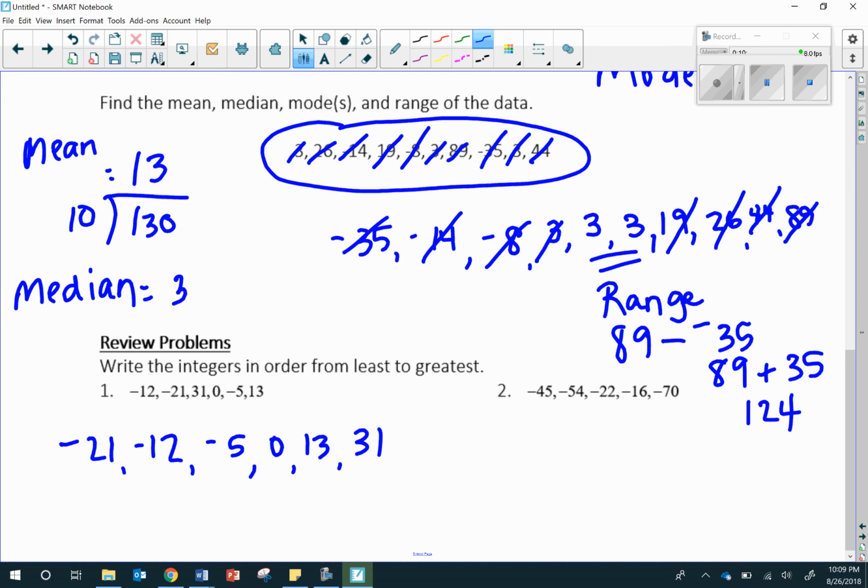I'll give you a moment to do number 2. You should have negative 70, negative 54, negative 45, negative 22, and lastly, negative 16.